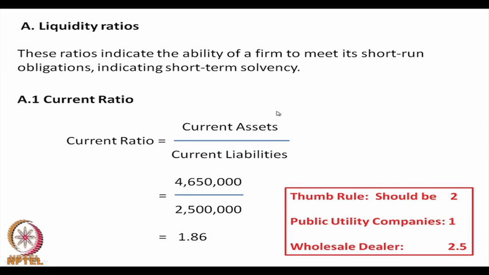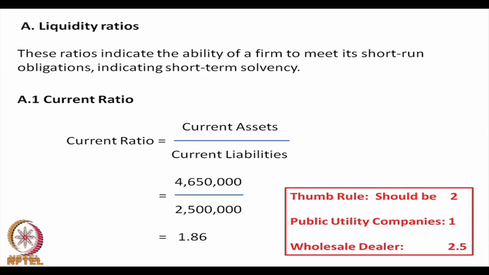First, the liquidity ratios. These ratios indicate the ability of a firm to meet its short term obligations, indicating short term solvency. That is, it is the liquidity condition, whether it is having sufficient cash or cash equivalents.